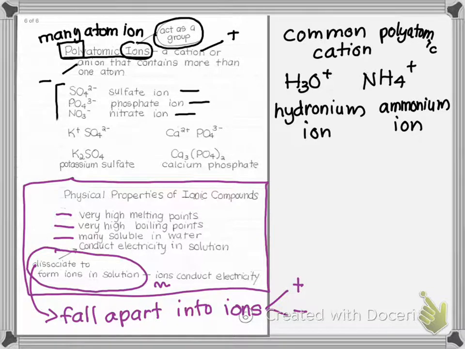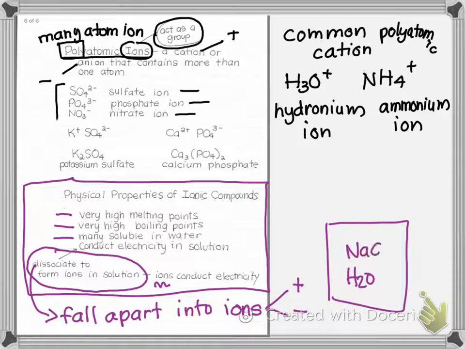So if I had water and I put in sodium chloride, what actually happens is the sodium ions and the chloride ions dissociate, and so those free ions can conduct electricity.